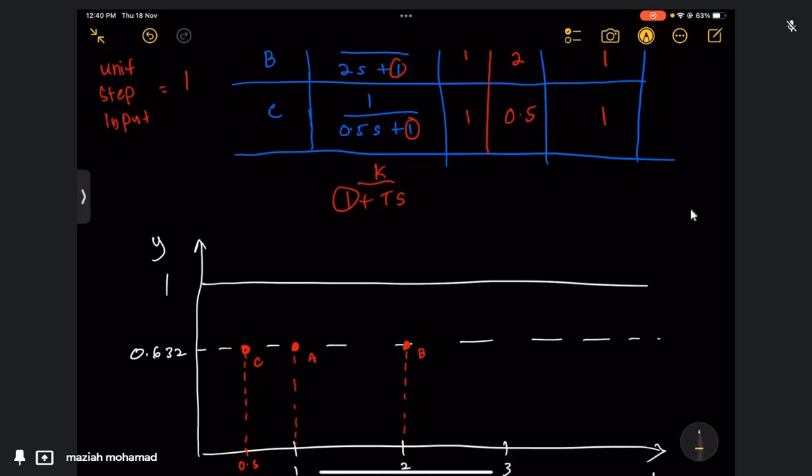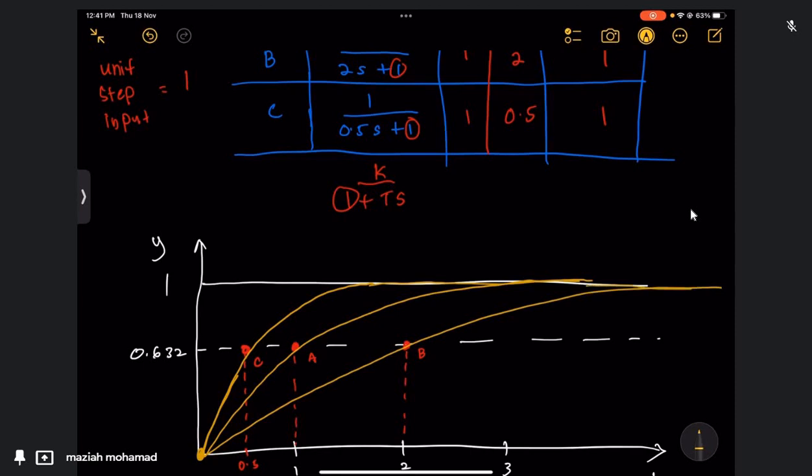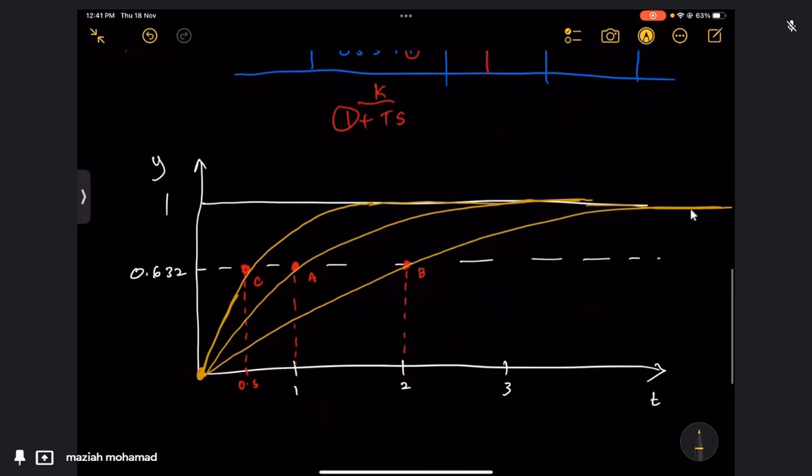So now we can plot. Starting from 0 initial condition, I'm just sketching it for A, B and C. Based on this plot, we can see that system C responds faster compared to system A and system B. C is the fastest one, because we just compare the time constant.